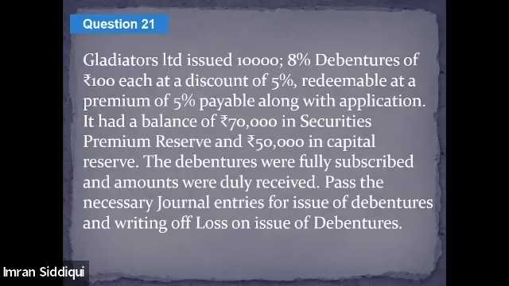Debentures were fully subscribed and amount was duly received. Pass the necessary entries. Okay, the question seems a little different, but not that difficult. I'm sure you'll be able to do it. Just give it a try. See, the capital reserve is not important. It is just to confuse you.